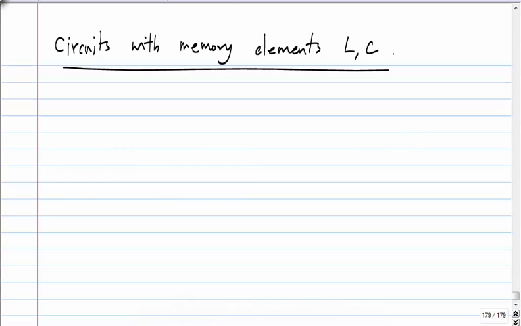So these elements L and C have memory. In what sense do they have any memory? If you take a capacitor, what will be the voltage across it at any given time?